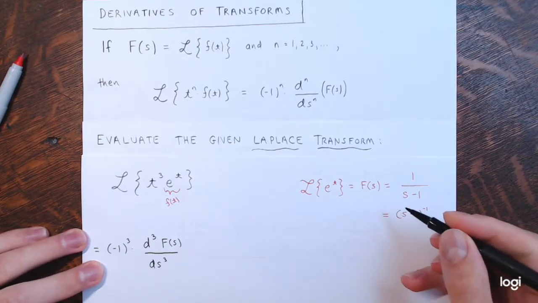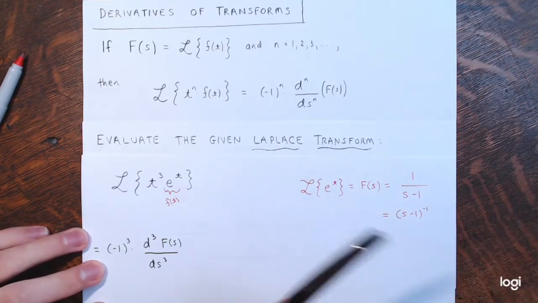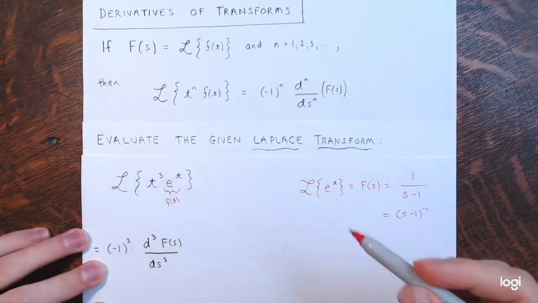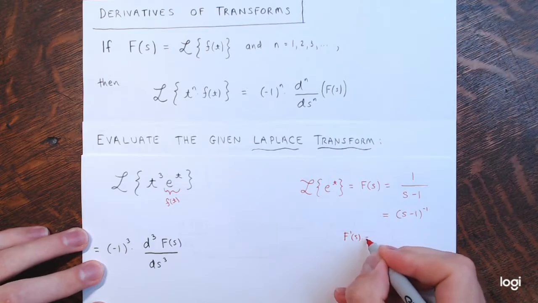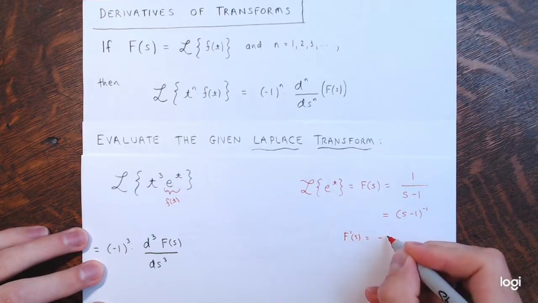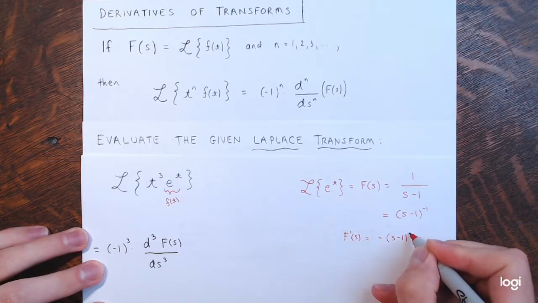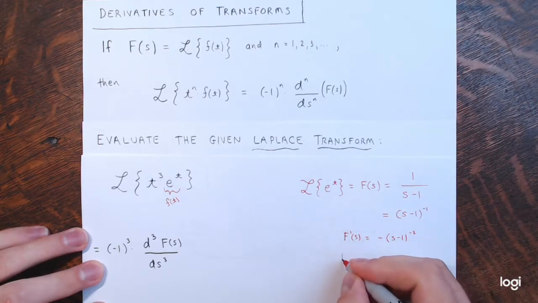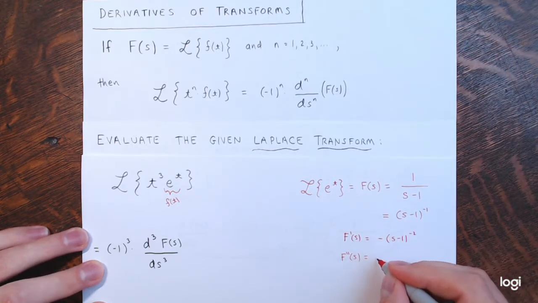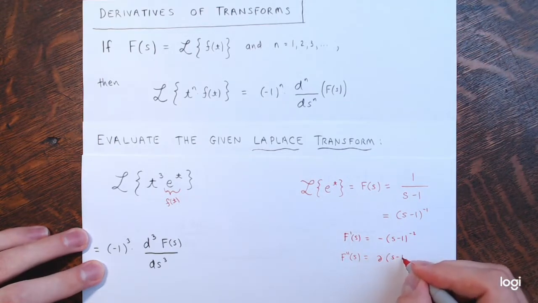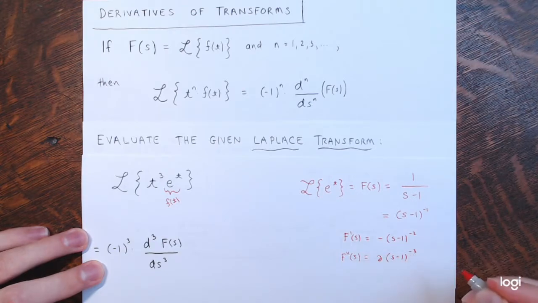Okay, so let's go over here off to the side. The first derivative, F prime of s, would be negative 1 times s minus 1 to the negative second. The second derivative with respect to s, F double prime, would be positive 2 times s minus 1 to the negative third.